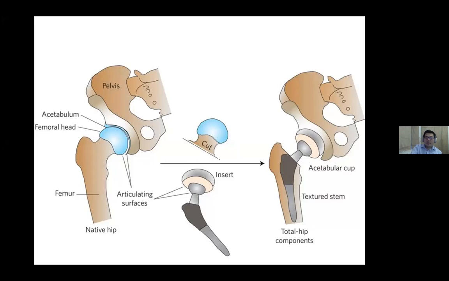Interestingly, based on the statistics, hip replacement surgery is the second most significant way of improving quality of life, compared to cataract surgery. Because clearly, with cataract surgery, a person's vision is improved quite dramatically. So it's night and day type of effect.